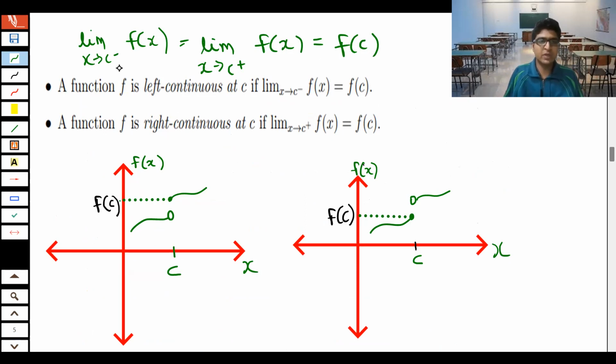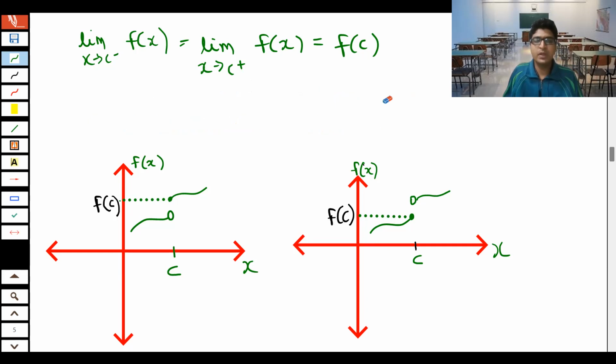When you approach this function from the left or from the right, you reach the same value as f of C. Okay. So what is left continuous? When you approach this function from the left, it approaches the same value as f of C, but it is not equal to that when you approach this function from the right. Okay.